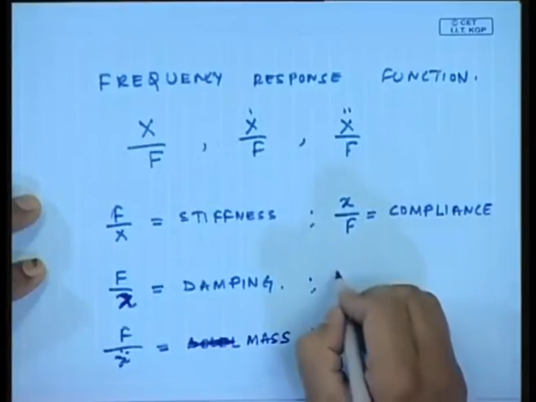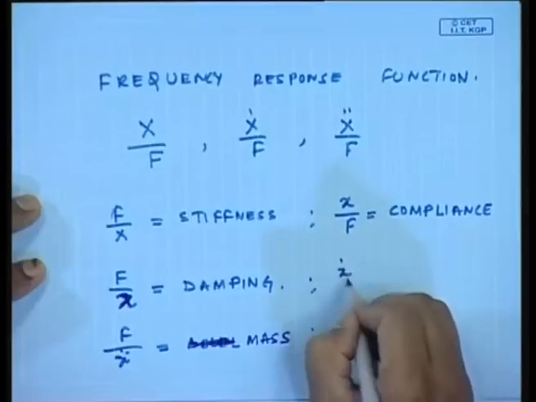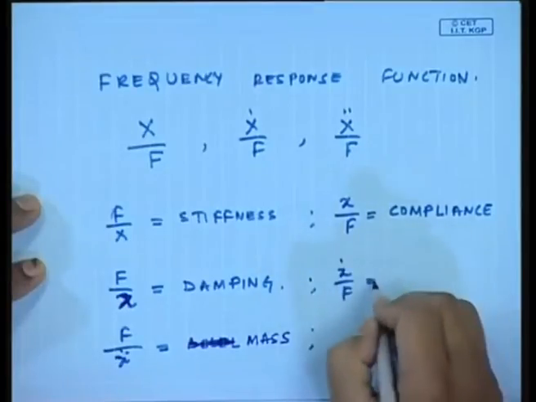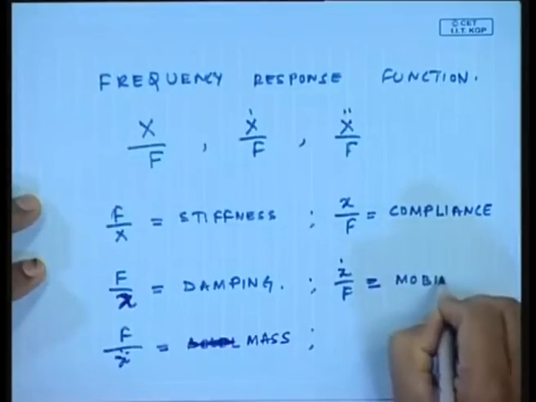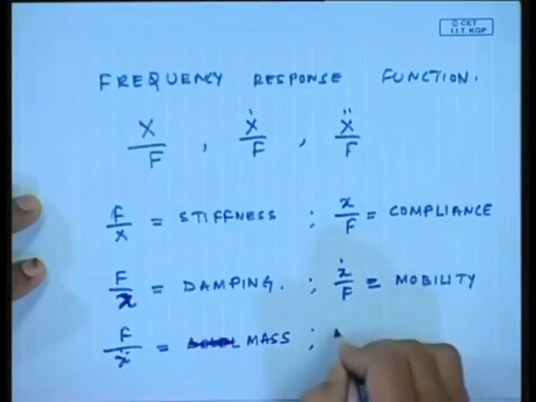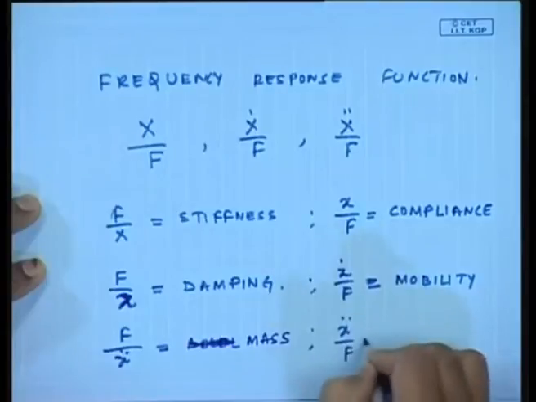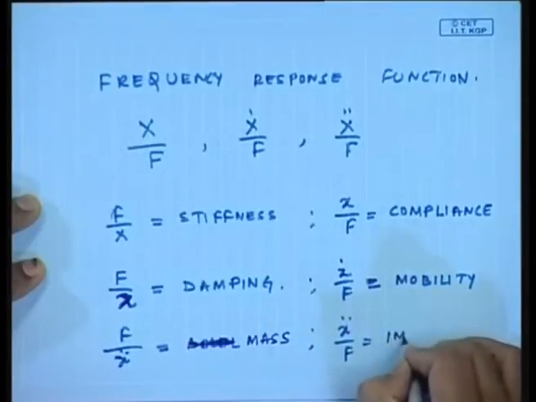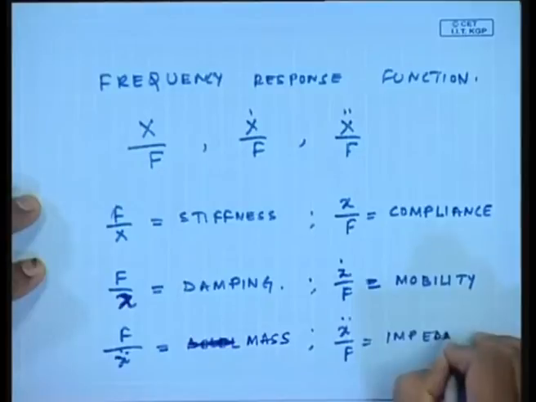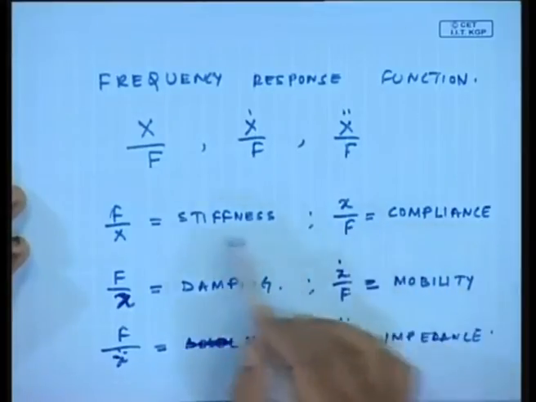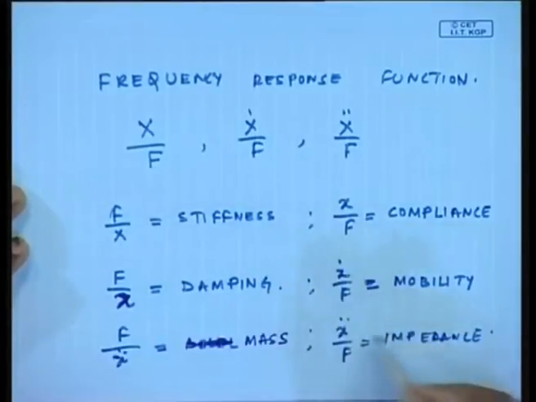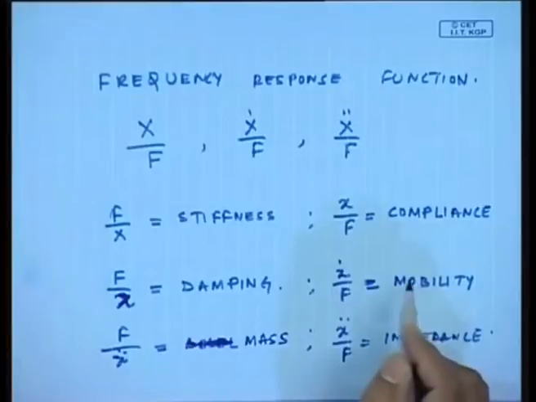Then we have x dot by f as the mobility, and f by x dot as the impedance. Okay. So, these are the same things represented as different ratios depending on the convenience which we have.